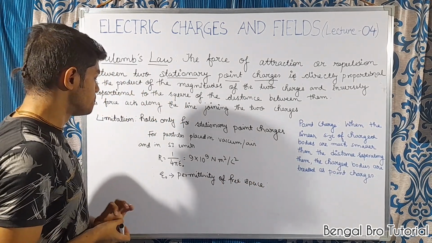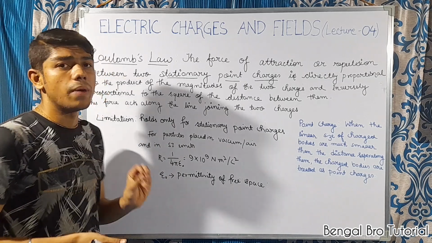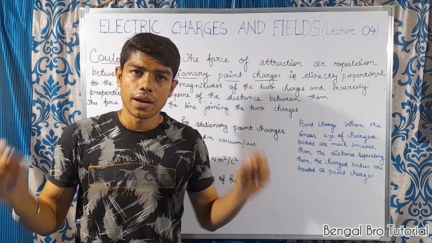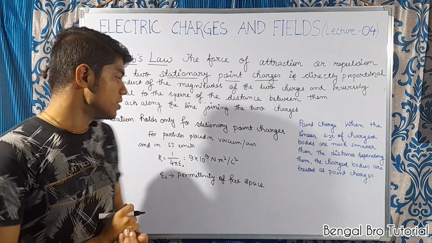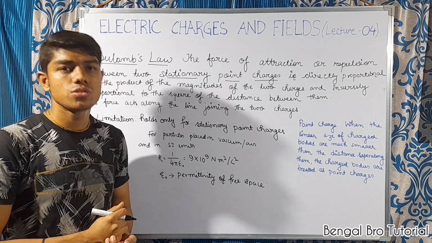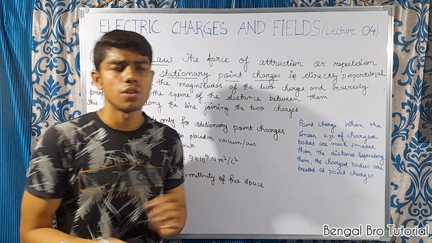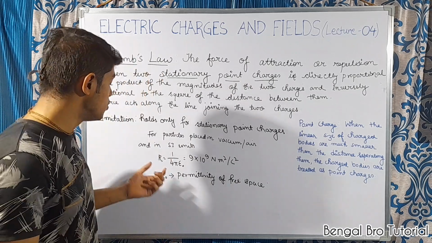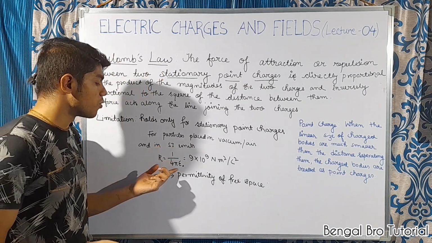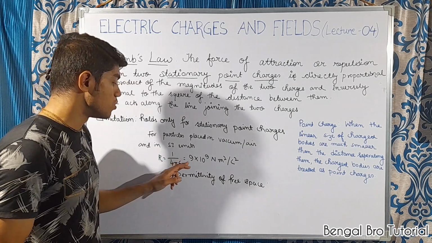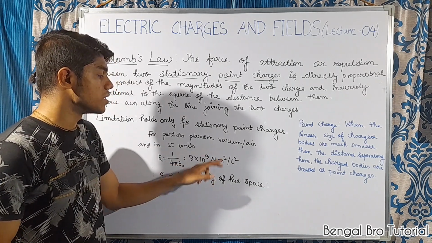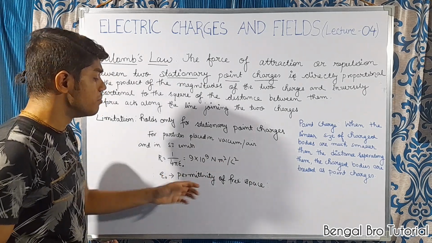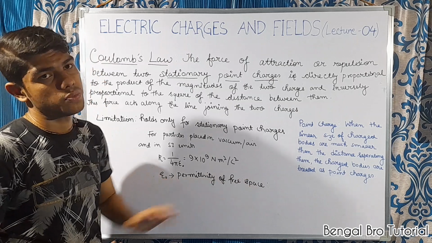Okay, so when the two charged particles are placed at some distance apart in vacuum and we measure the force, the magnitude of charge of the two particles and the distance of separation between them in SI unit, the value of k becomes equal to 1 by 4 pi epsilon naught, which is equal to 9 into 10 to the power 9 Newton meter square per Coulomb square. Here epsilon naught means permittivity of free space.